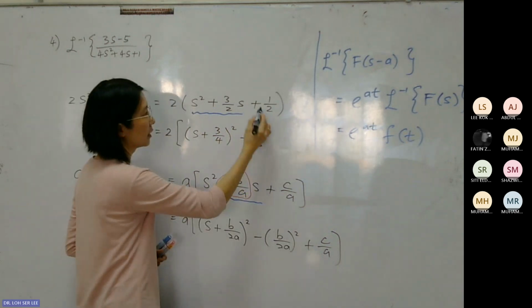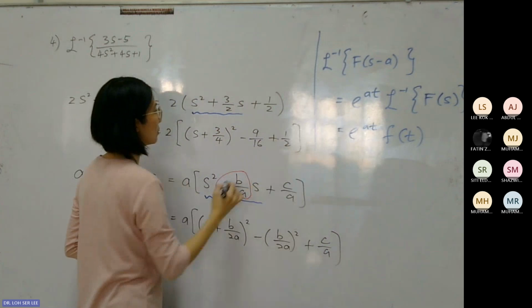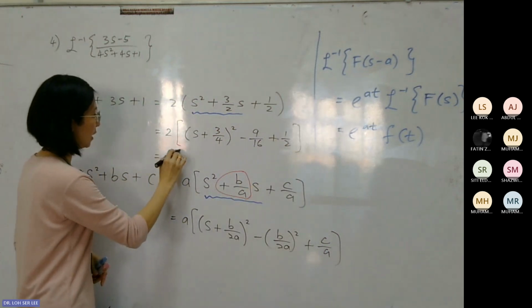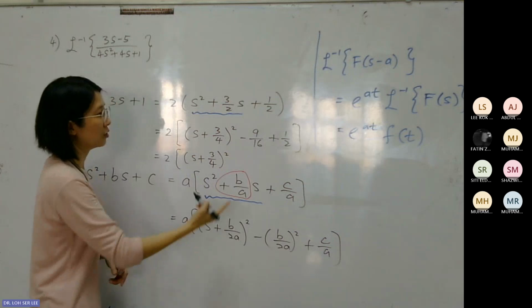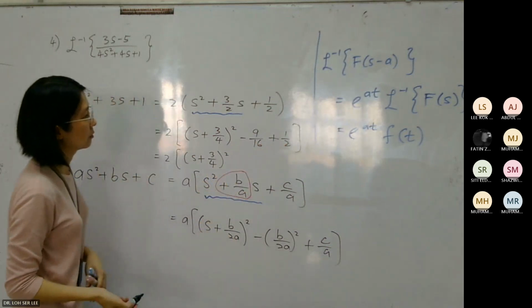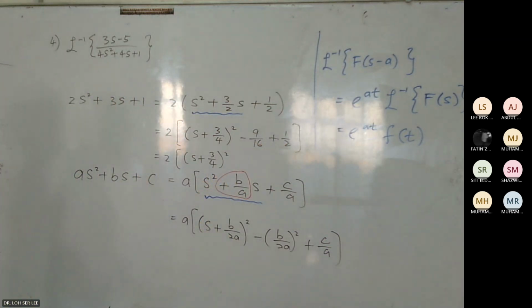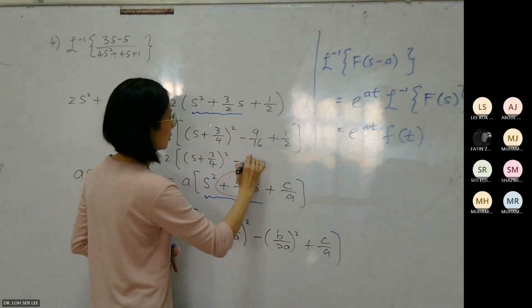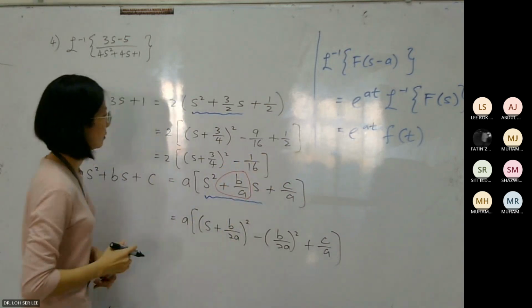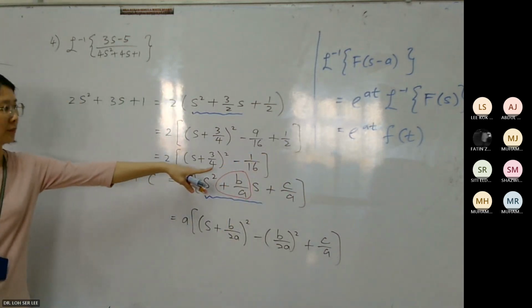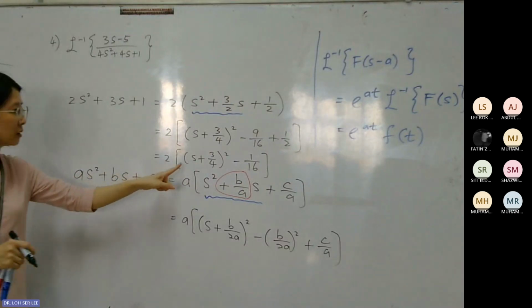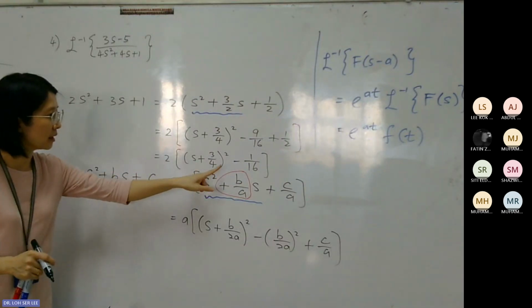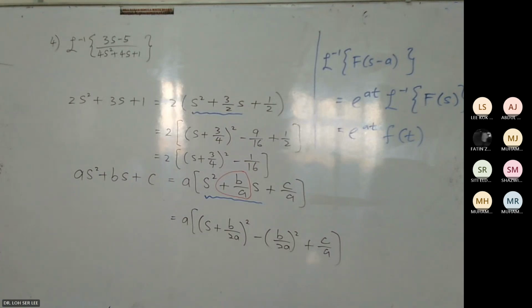And then plus 1 over 2. Then you will get this. This is what we want. We want something like this, and then followed by a constant.